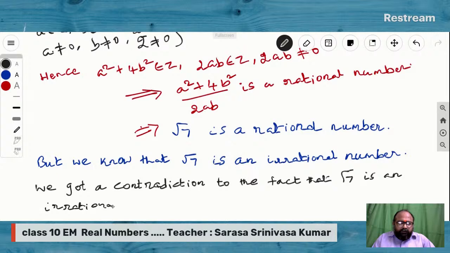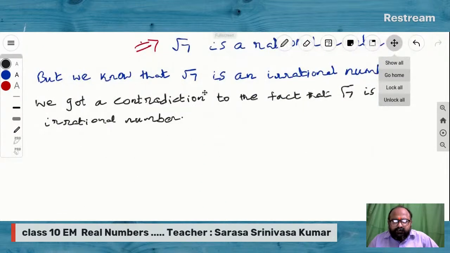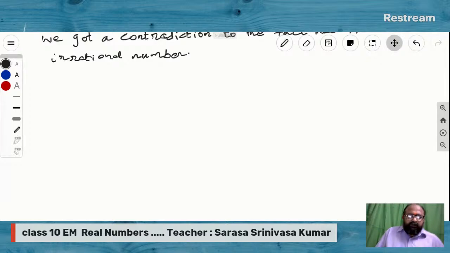So why did we get the contradiction? This contradiction has arisen because of our wrong assumption that square root of 3 plus square root of 7 is a rational number. Hence, our assumption is wrong. So now we write that.